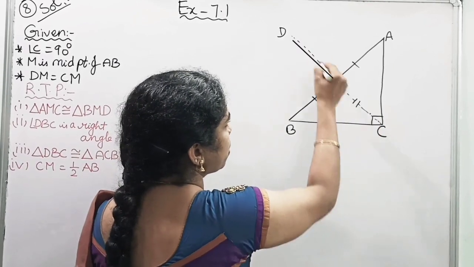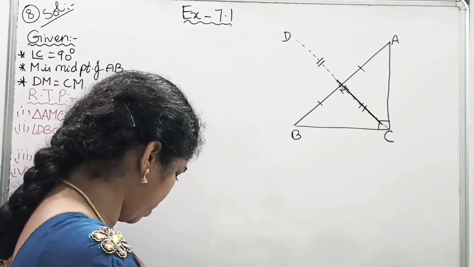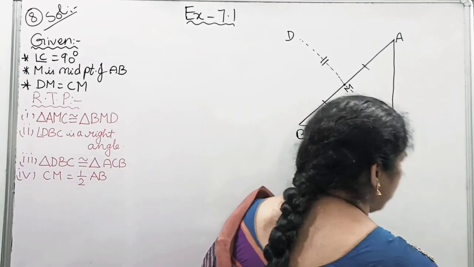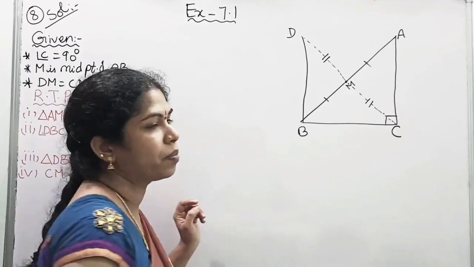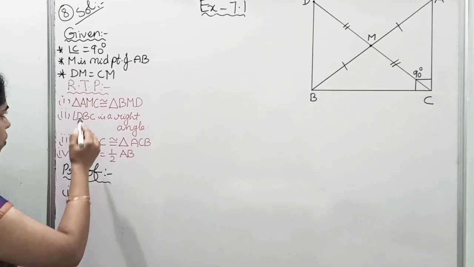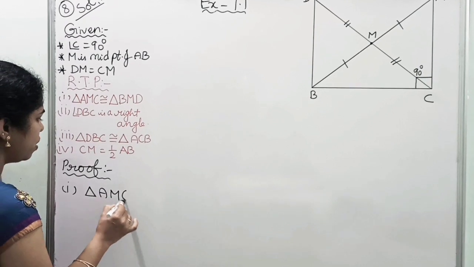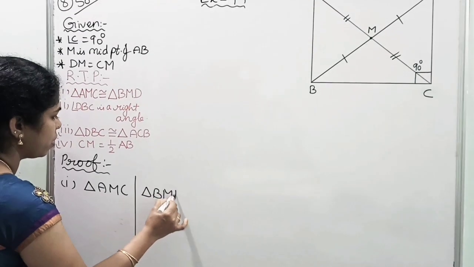That means these 2 parts are also equal. And the last point given is D is joined to B. They asked us to prove triangle AMC is congruent to triangle BMD.